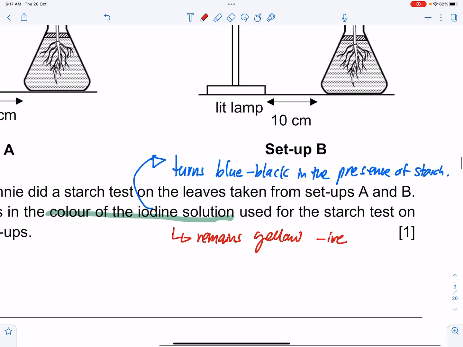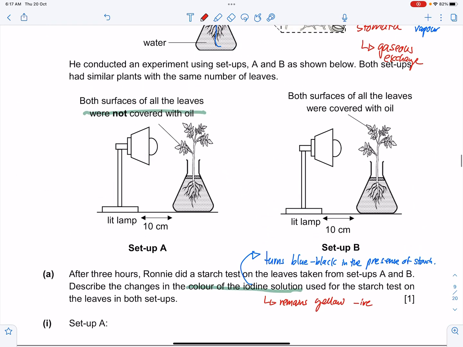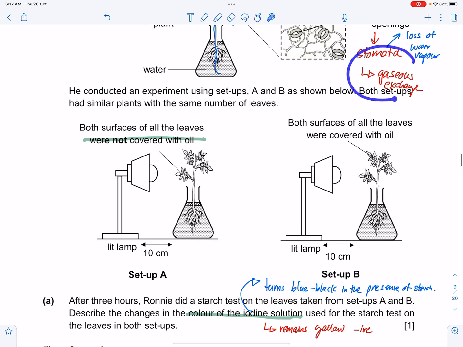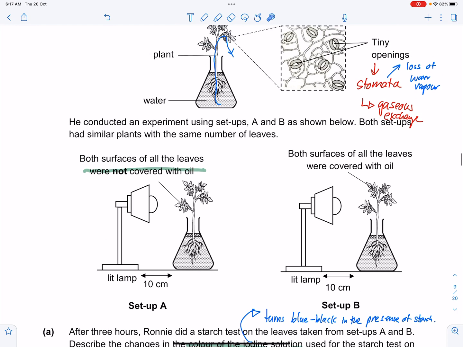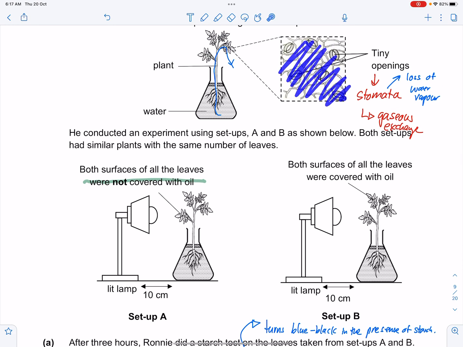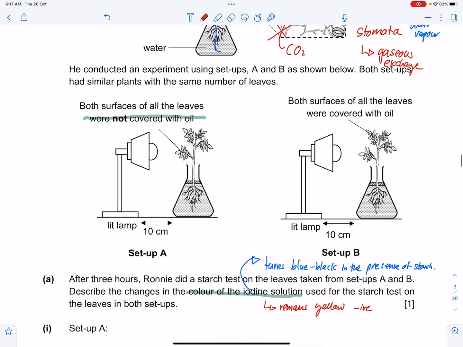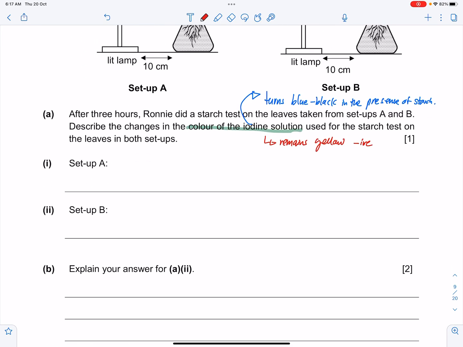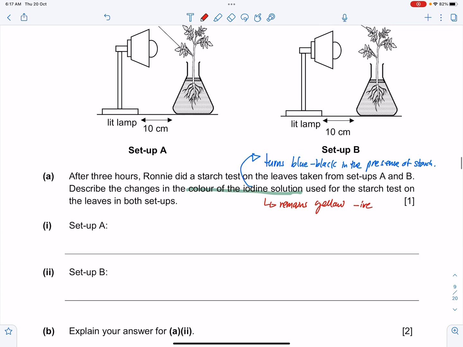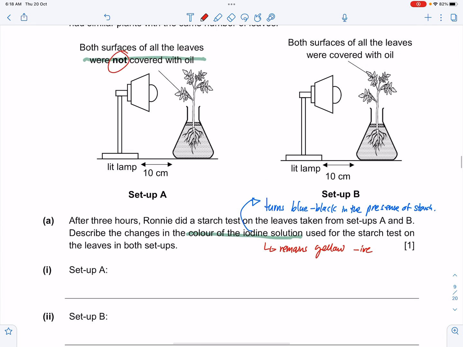Okay, so right off the top, as I told you, the stomata is used for gaseous exchange. So if you apply a layer of oil on it, you are essentially blocking out your stomata, and because of that, carbon dioxide, your CO2, cannot enter your stomata for photosynthesis to occur, because CO2 is needed for photosynthesis, right? So in setup A, whereby it's not covered, it will turn blue-black.